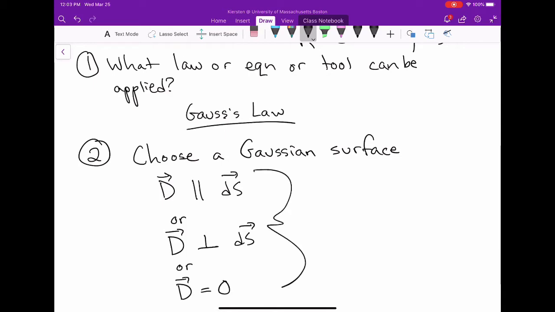One of these things has to be true everywhere on our Gaussian surface.